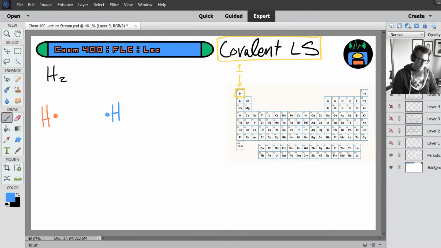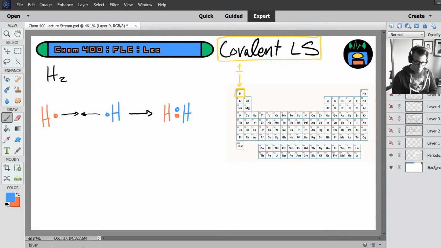And what happens is the two hydrogen atoms move closer together so that the orbital with each electron overlaps with the other. They get close enough so that they can share their electrons.